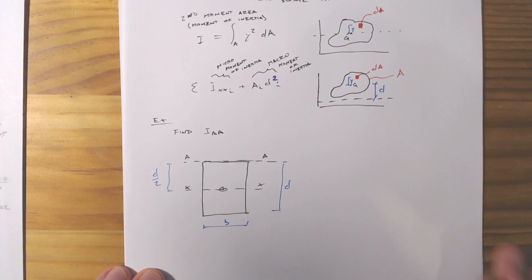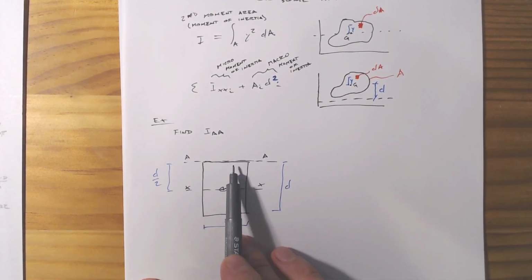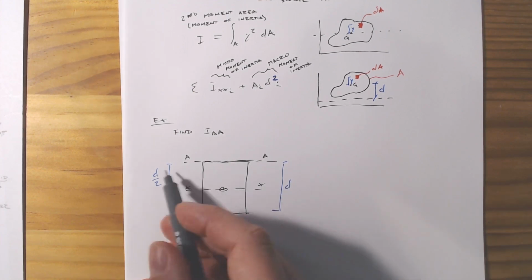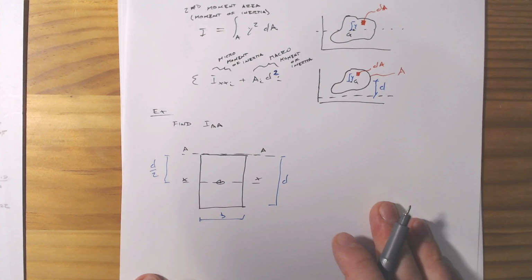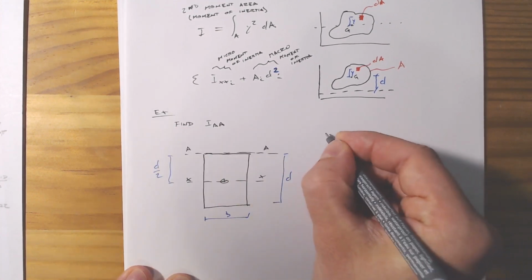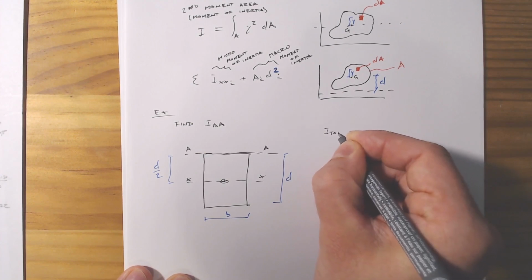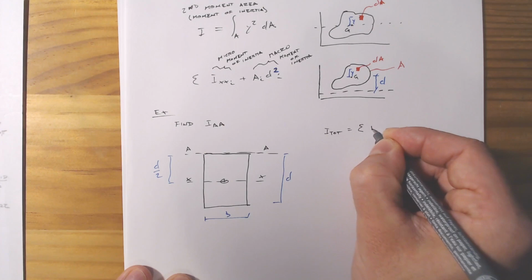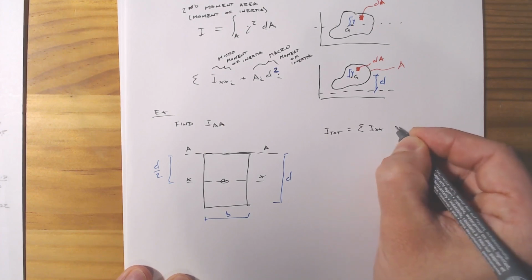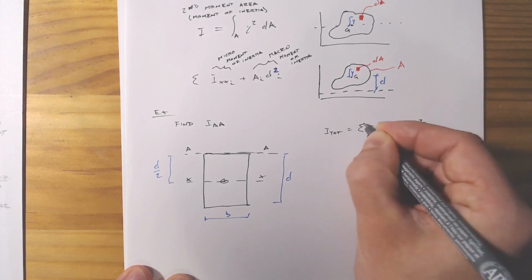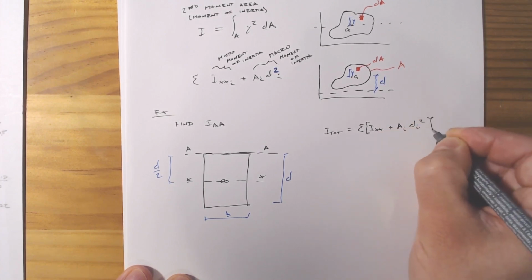So this is just to prove that we could go about any axis, and we could easily take this and then use it on a compound section where this might be a flange. But we'll just show it with a simple rectangle to start with. So our total moment of inertia is the sum of I xx plus A sub i d sub i squared.